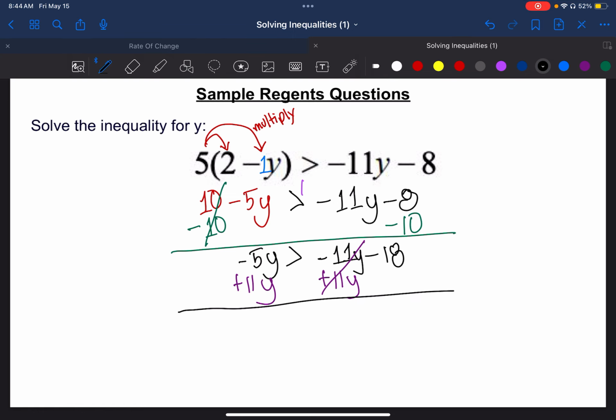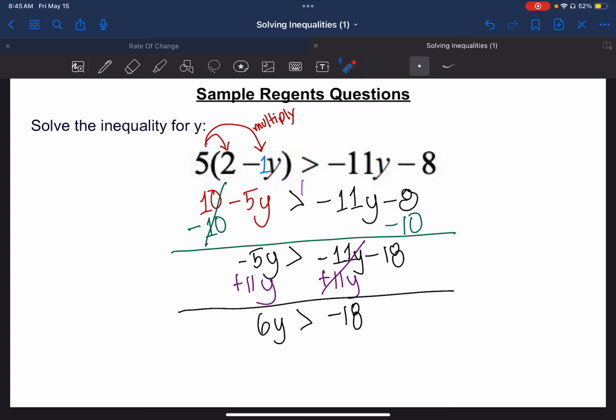What that gives me is 6y greater than negative 18. So I'm almost there, right?